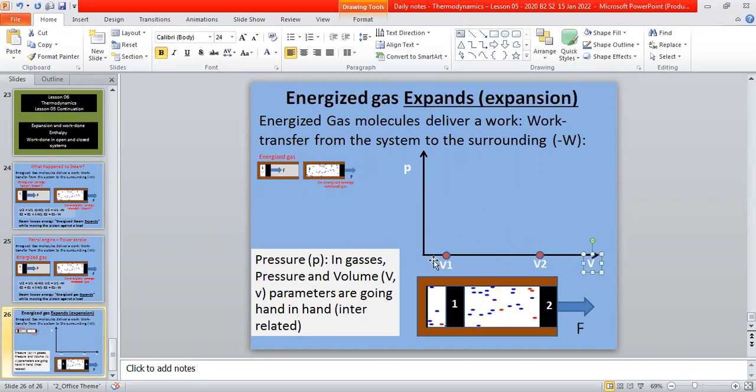So then the pressure. Initially there may be a certain pressure level. So just take P1. So P1, V1 belongs to the initial level, P1.